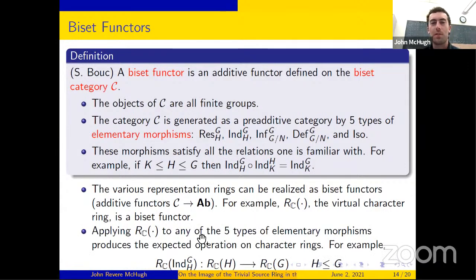So, for example, if we think of RC as a biset functor, a functor defined on this category, if you were to plug in this morphism, induction from H to G, you would get a morphism from RC of H to RC of G, and it's exactly the morphism you think it should be. It's induction in the usual sense, induction of characters.